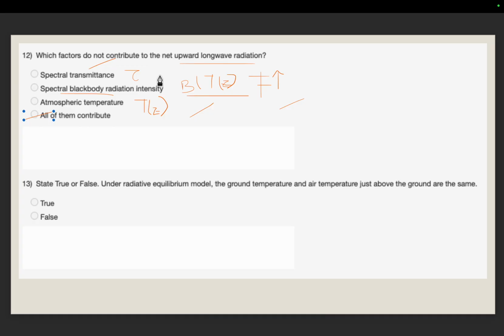Only option D is given as all of them contribute, but they are asking for which is false. That means do not contribute, but all of them are contributing. So this will create confusion at the final exam. Yes, the question itself is very confusing, but they were giving option D as the correct answer.